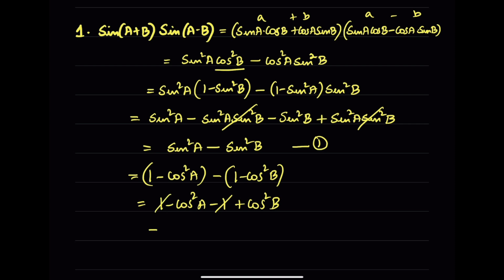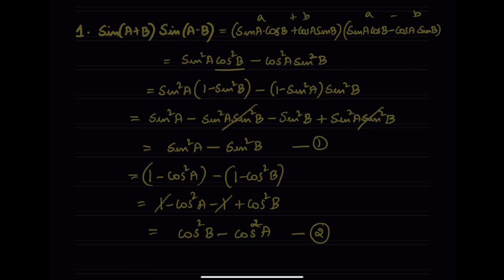So we can cancel the 1, and we would get cos² b − cos² a. So this is how we can prove sin(a+b) and sin(a−b) will have two types of results based on if you want sin or cos.